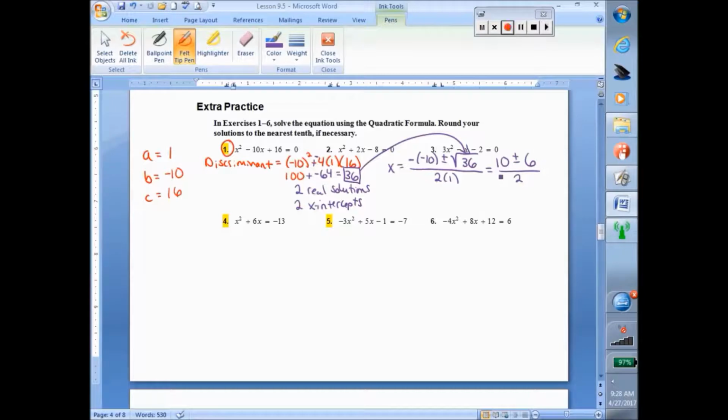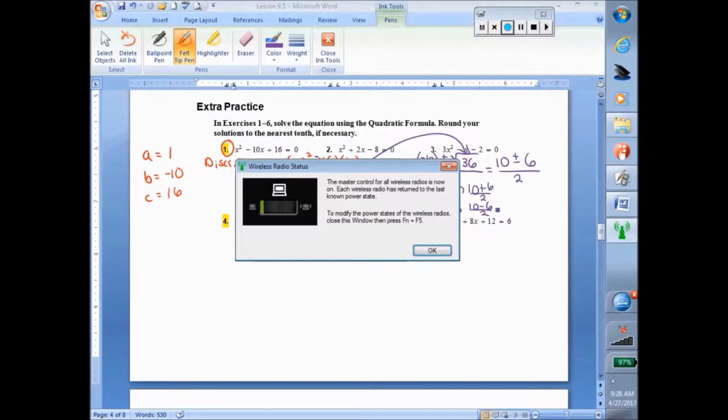Now we have to go ahead and simplify this expression. And we see that plus or minus is there. We've been working with that. What this means is I need to do 10 plus 6 divided by 2. And I also need to do 10 minus 6 divided by 2.